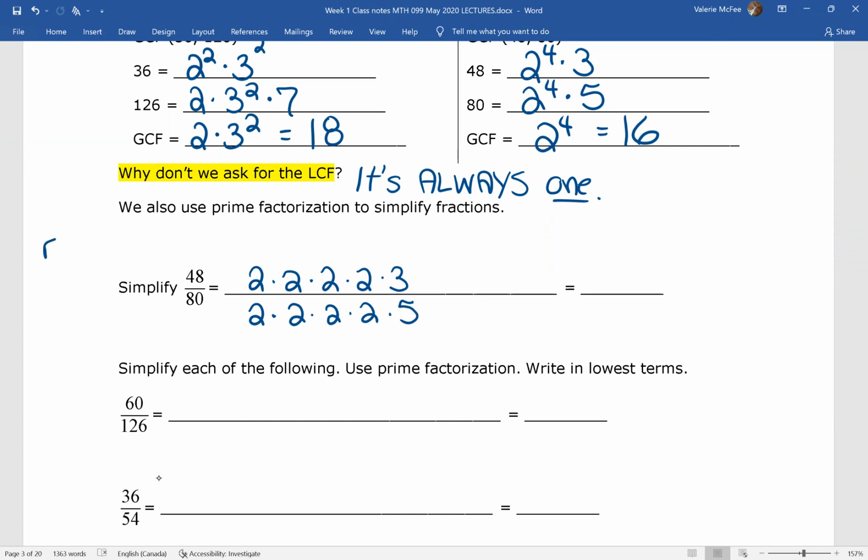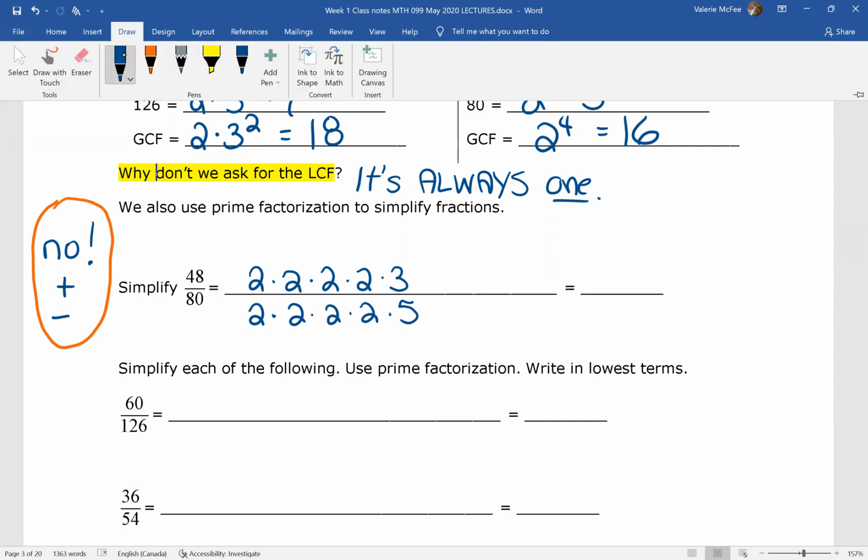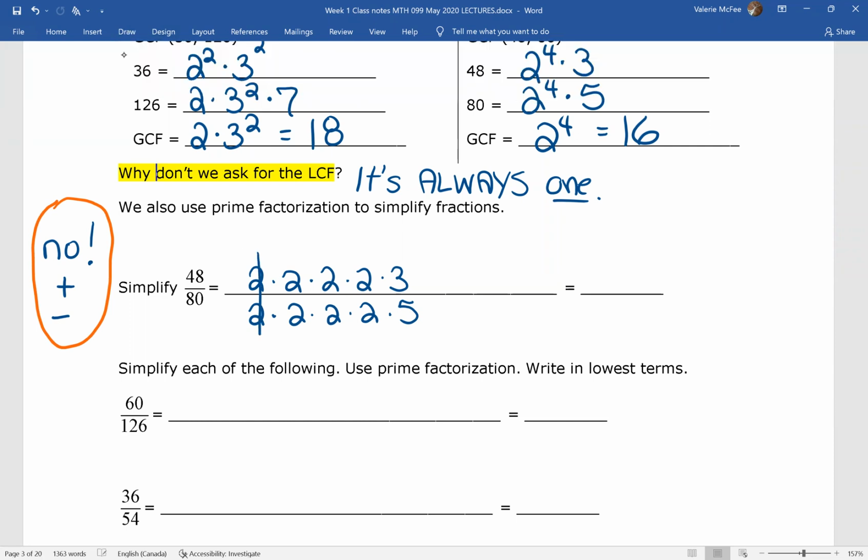Now notice that there is no adding and no subtracting in the numerator and the denominator. That's important. Because there's no adding and subtracting, we can go ahead and simplify. The 2's divide out. 2 divided by 2 always equals 1. and we're left with a simplified fraction of 3/5.